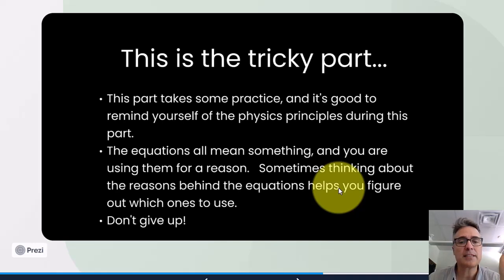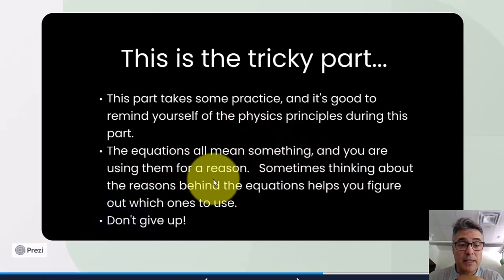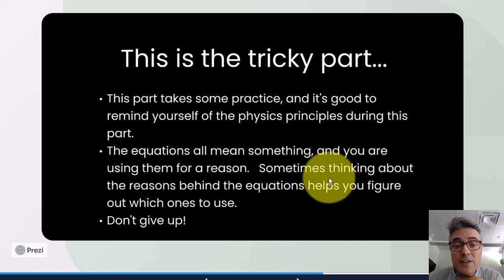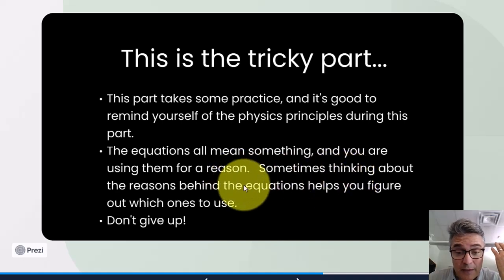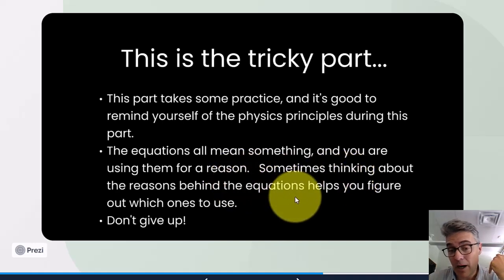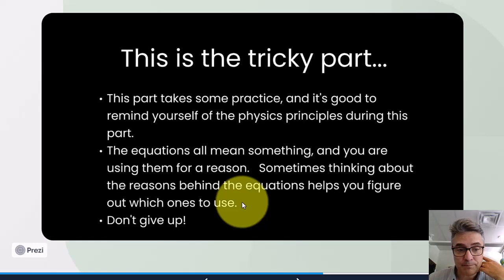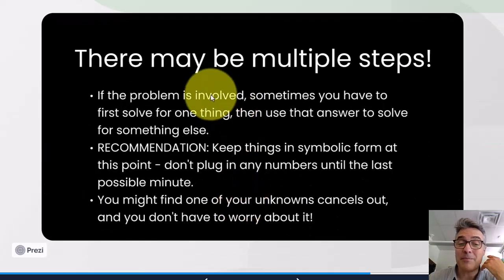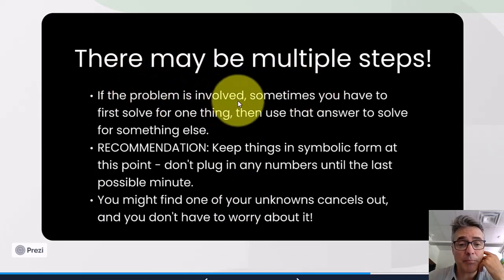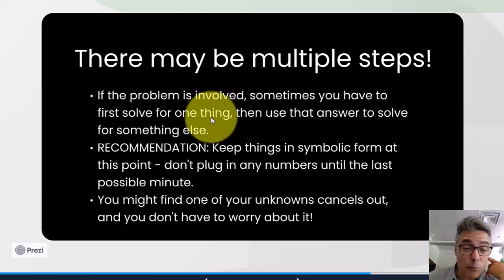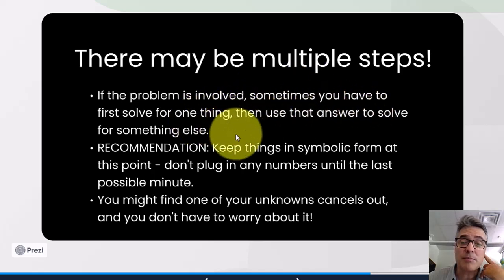It takes some practice, and it's good to remind yourself of the physics principles during this part. The equations all mean something, and you are using them for a reason. Sometimes thinking about the reasons behind the equations helps you figure out which ones to use. There may be multiple steps if the problem is involved. Sometimes you have to first solve for one thing and then use that answer to solve for something else.